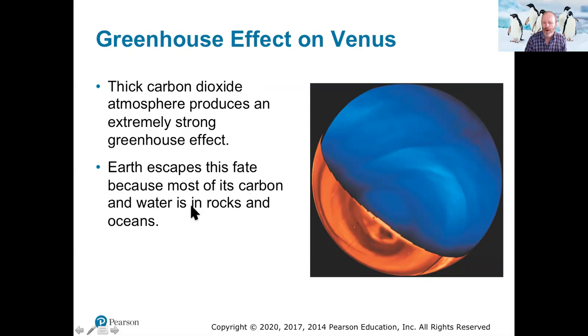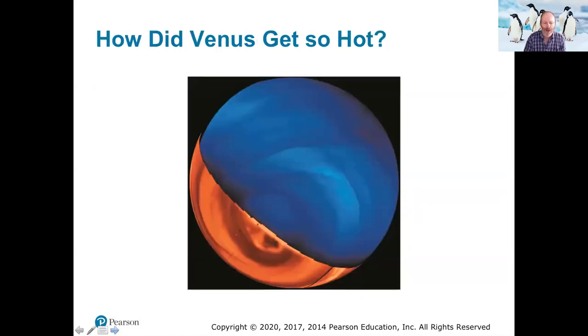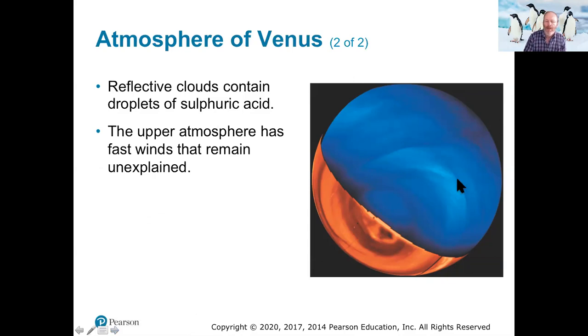Now, most of our carbon and oxygen and other kinds of things like that will be in our water and rocks and oceans. Most of the oxygen on our planet is actually not in the atmosphere. But we don't have a recycling process on Venus the way we have on the Earth. So Venus got very, very hot, in part because it has as thick of an atmosphere as it does.